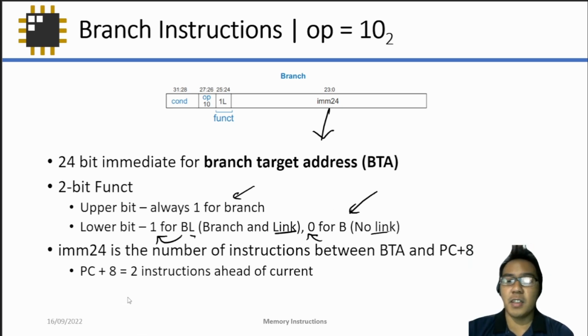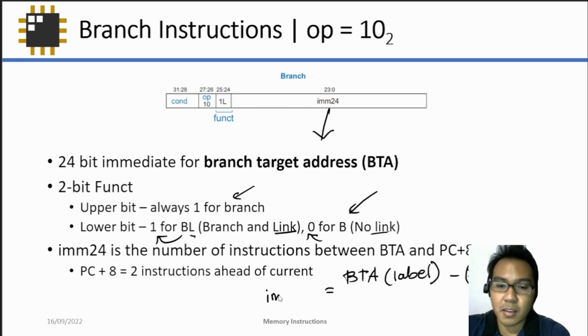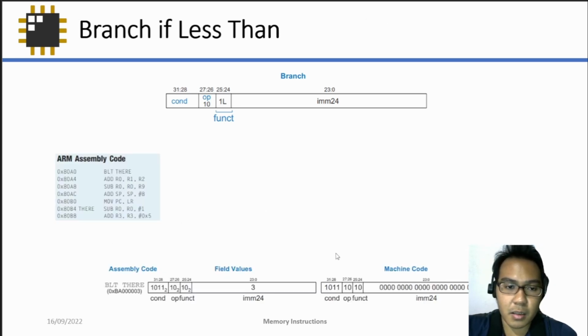M24 is the number of instructions between branch target address and PC plus 8. So the branch target address, also known as the label, minus PC plus 8 equals M24. Okay, example, branch if less than.